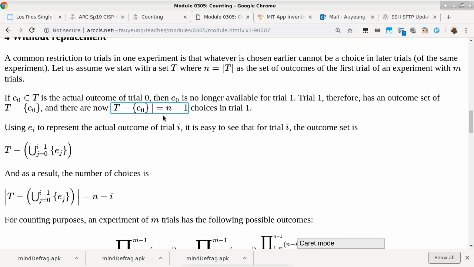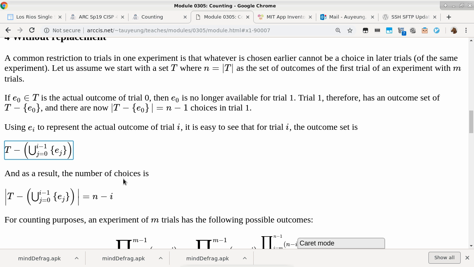If I use E subscript I to represent the actual outcome of trial I, then we can see that for trial I itself, the outcome set is now limited to something like this. So now is a good time to understand, what is that big U doing? What do you think? It probably corresponds to a word that starts with U, right?